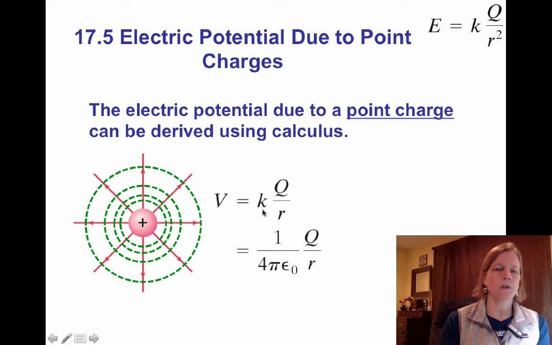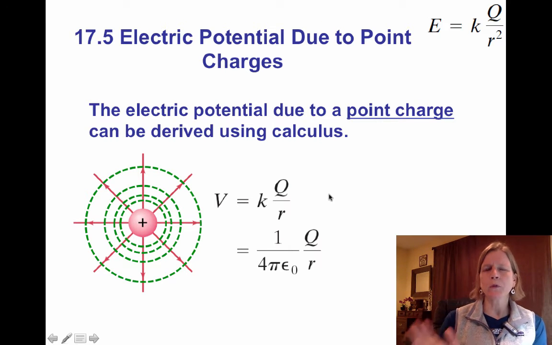The potential of a point charge is K, that constant, Q, the amount of charge, divided by R, your radial distance away from the charge. And you can write K in terms of epsilon 0 as well. So these two equations are equivalent, since K equals 1 over 4 pi epsilon 0. For this work, I tend to use the upper equation because it's simpler.